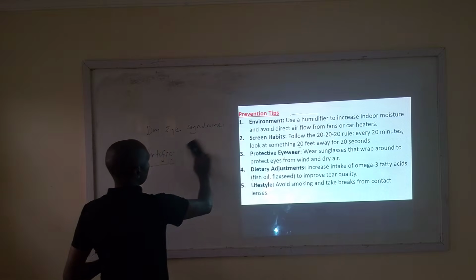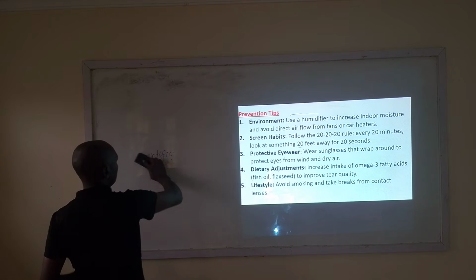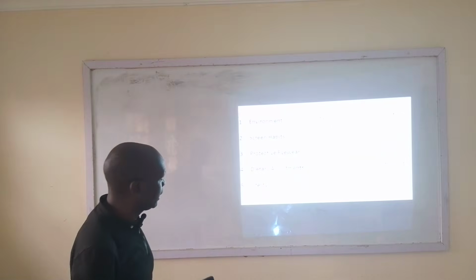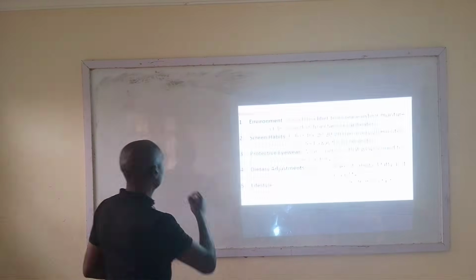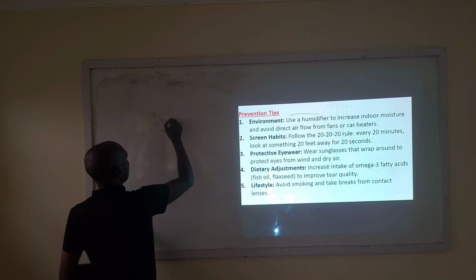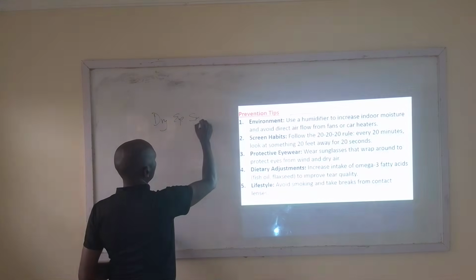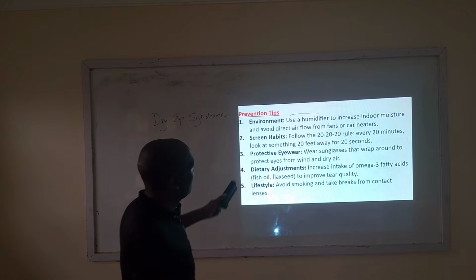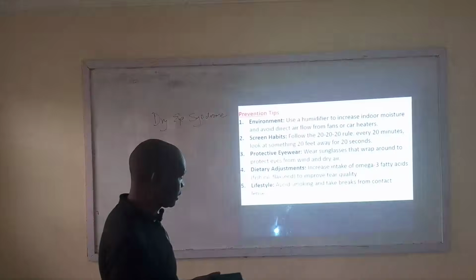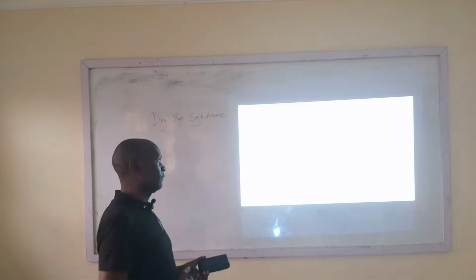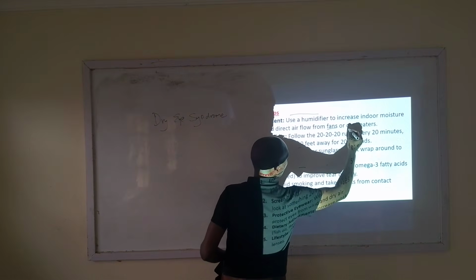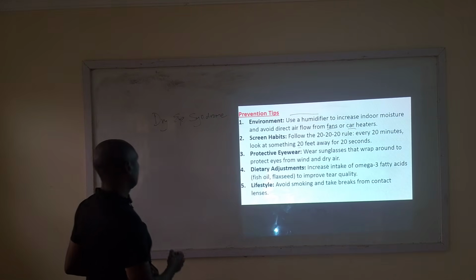Apart from the treatment techniques, how can we prevent dry eye syndrome? One, it's environmental. You use a humidifier to increase indoor moisture and avoid direct airflow from fans or car heaters. We talked of the motorbike riders.